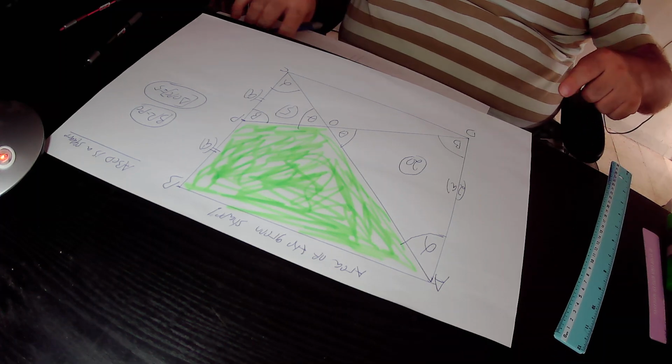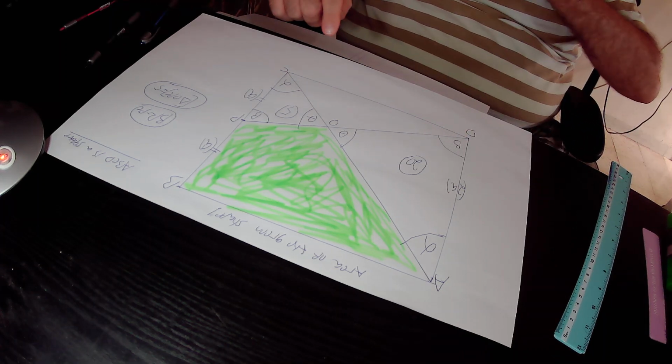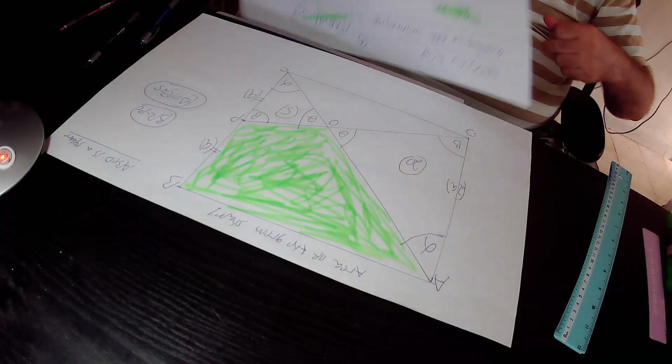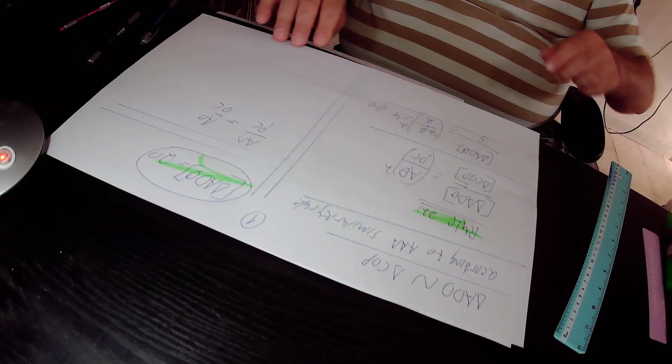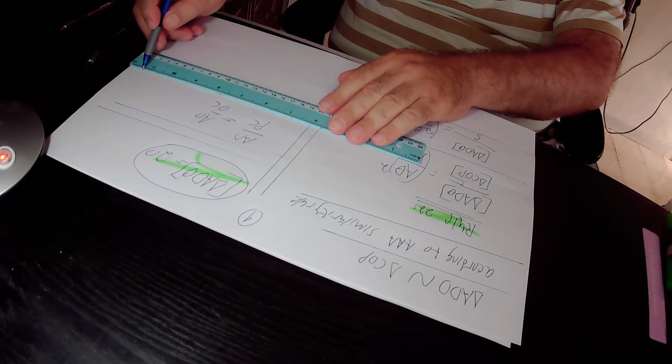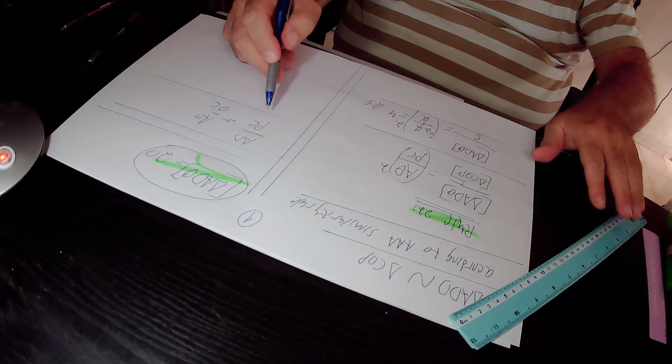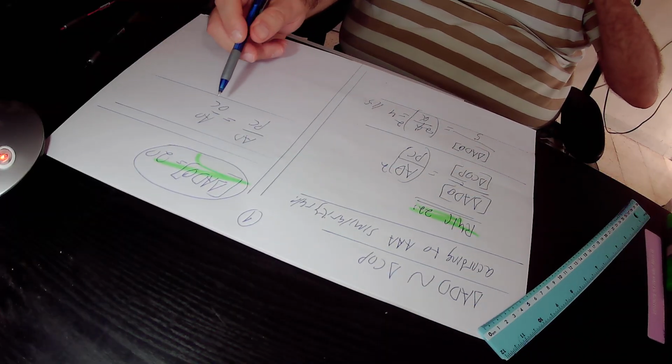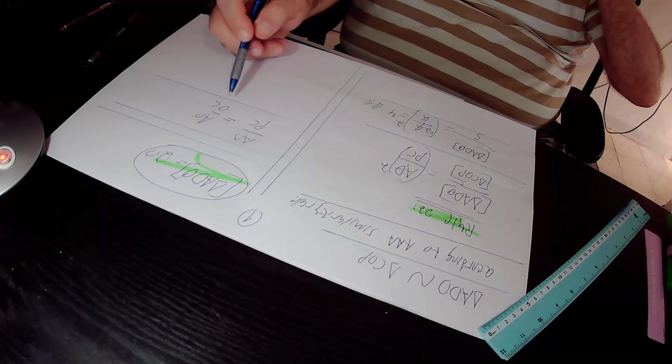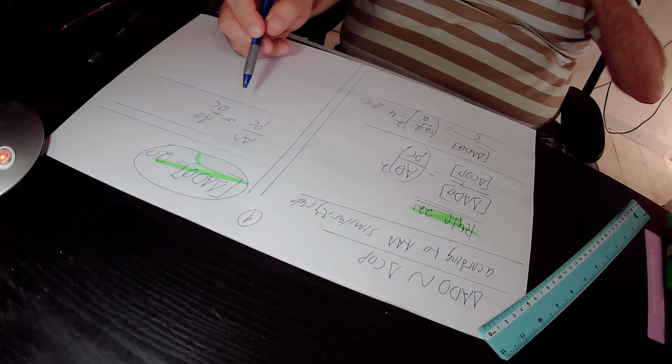So I repeat again, because those two triangles are similar to each other, the following relationship exists between their sides. Side AD of the big triangle ADO over side PC of the small triangle POC is equal to side AO of the big triangle ADO over side OC of the small triangle POC.